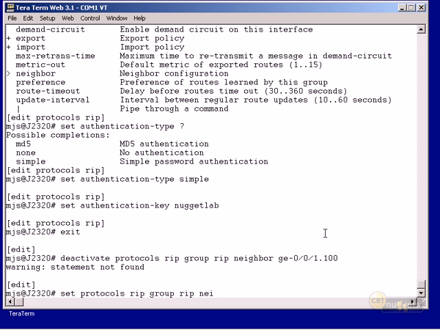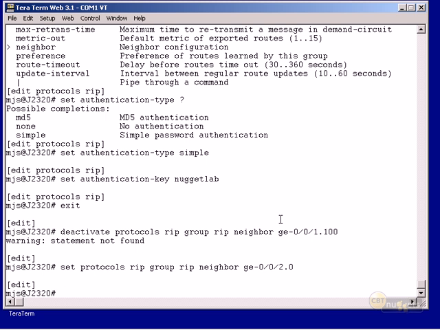Notice we're setting this one, not deactivating it. And that's going to be ge-0/0/2.0. And by the way, we will use the activate command right before we're ready to merge these two networks together. Okay, so we're looking good. Let's go ahead and commit this.